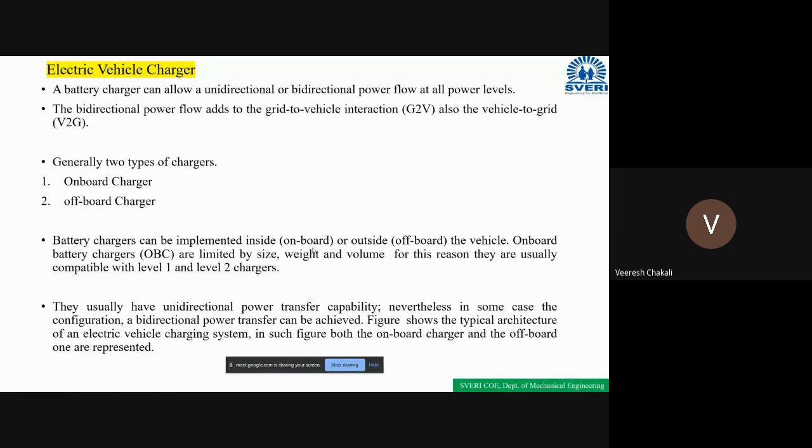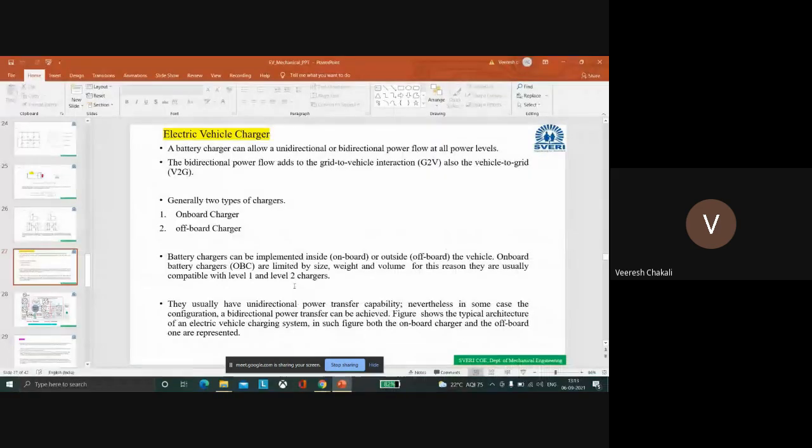So generally there are two types of chargers: onboard chargers and off-board chargers.